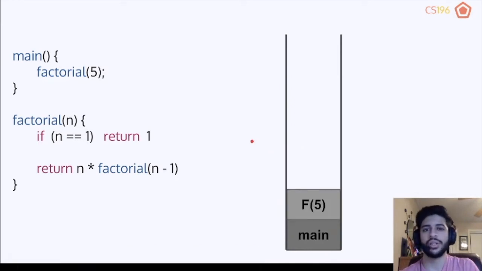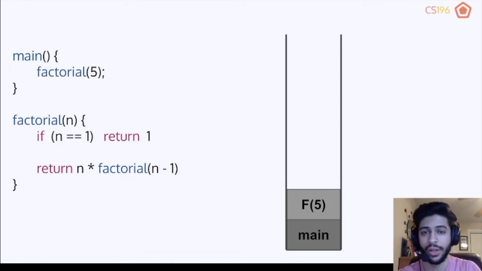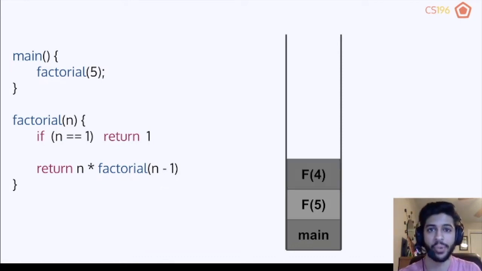The first thing that we do is we call main, and then after that, we read in our factorial of 5 function call. So we put that stack frame on the stack. We notice that f of 5 needs f of 4, similar to what we saw in the recursion tree. So we call that function again and put that on top of the call stack. Now we are in factorial of 4.